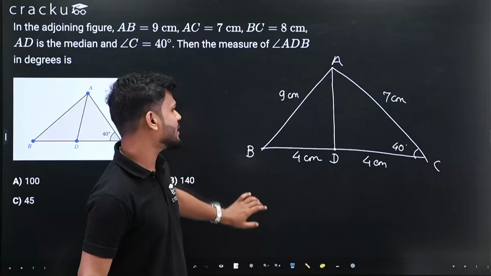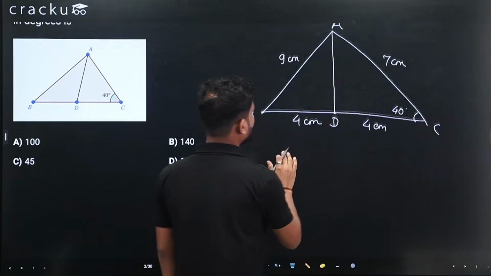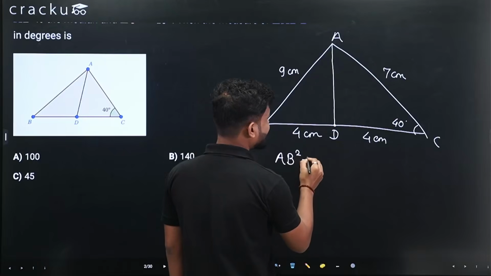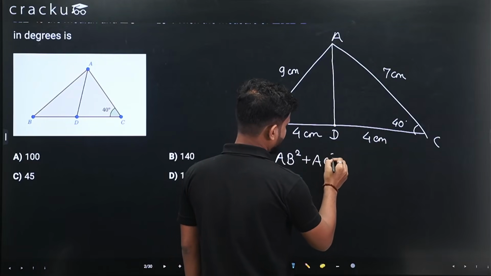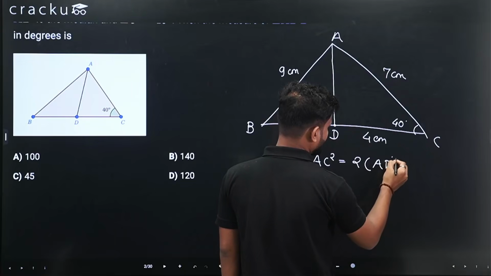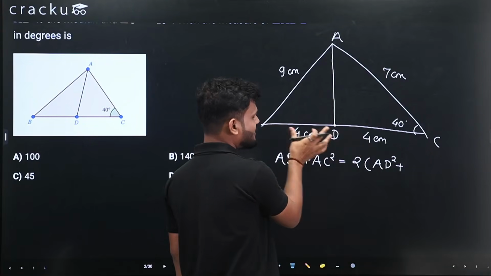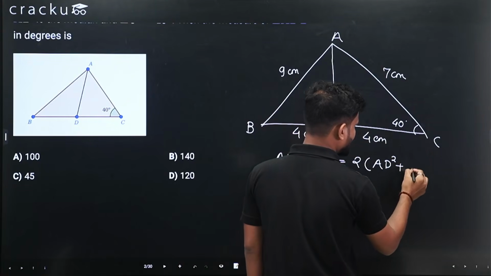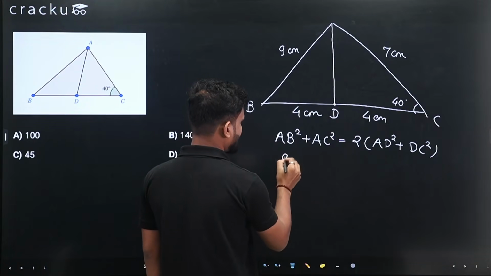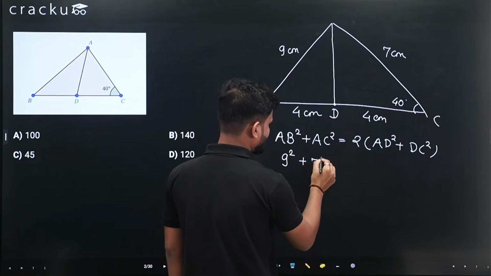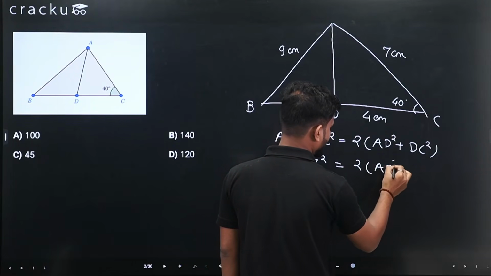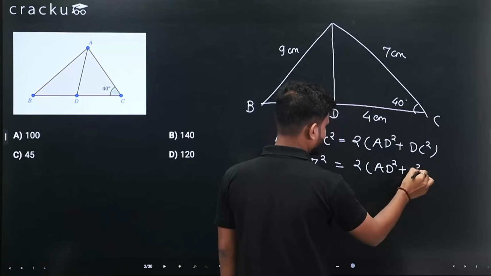Now from here what you get? From here you can apply the Apollonius theorem which says AB square plus AC square is equal to twice of median square plus half of the opposite side which is DC square. From here what is AB square? Is 9 square plus 7 square is equal to 2 into, we don't know about AD square, and this is 4 square.